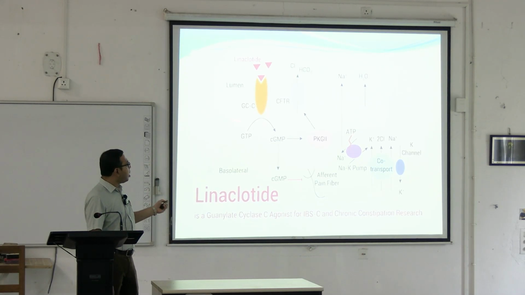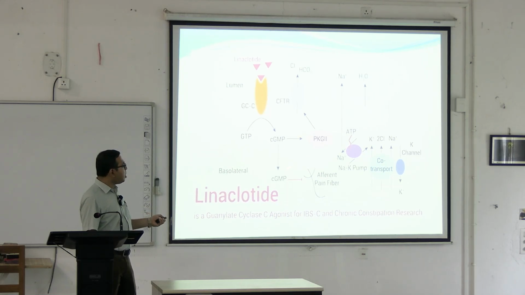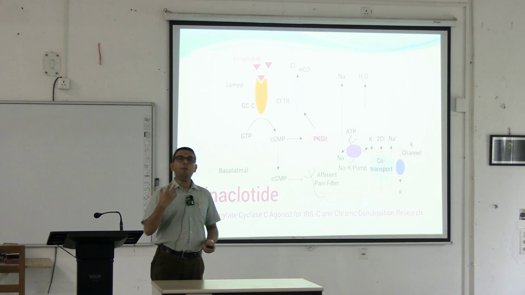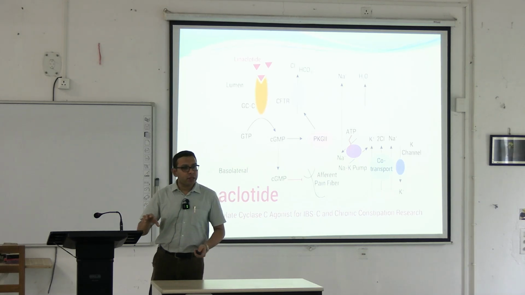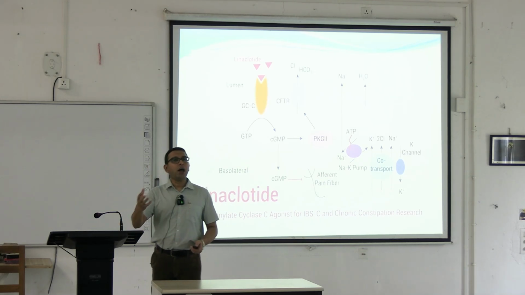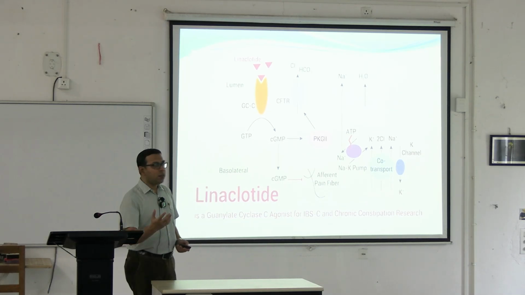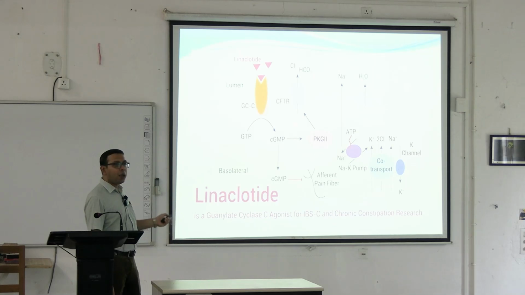Ultimately there will be more conversion of GTP to cGMP, and this cGMP blocks the afferent pain fibers, and the end result is more sodium and chloride release within the gastrointestinal lumen. Sodium chloride takes up more and more water. So there will be more, easier stool evacuation. So this is the way by which linaclotide acts. Basically this is a guanylate cyclase C agonist.